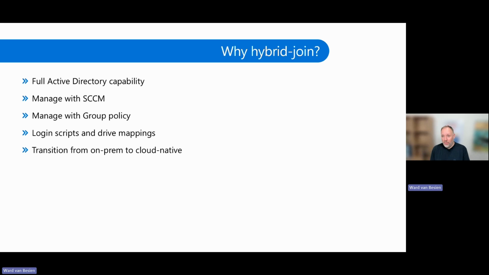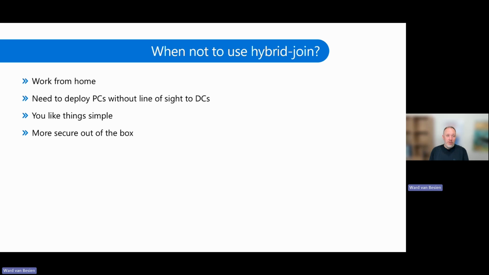Now, at the same time, a particular reason why you may not want to do this is if you have a lot of people working from home, and after COVID, this is a lot more common nowadays. When people work from home, like, for example, me, I work from home 100% of the time. If I had to rebuild my machine, for example, if I was in a hybrid join scenario, I would actually have to take the computer into the office, and I would have to plan an office visit for that.